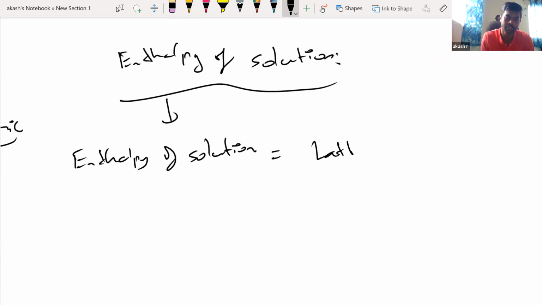One is lattice enthalpy, and the other one is the solvation enthalpy.